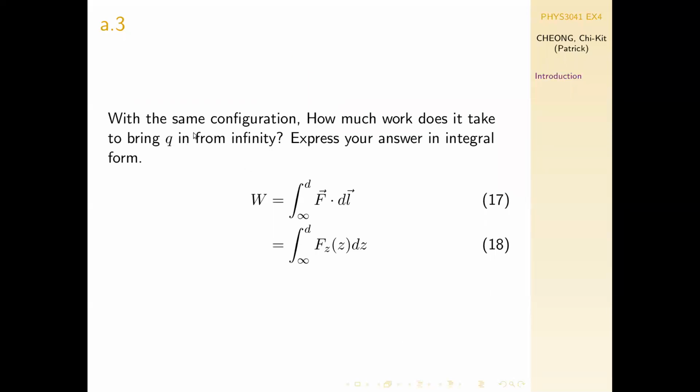The third question is asking how much work we need to do to bring Q in from infinity. We recall that we can work out the work done with this integration: the force dot the path dl, from the initial location to the final location.